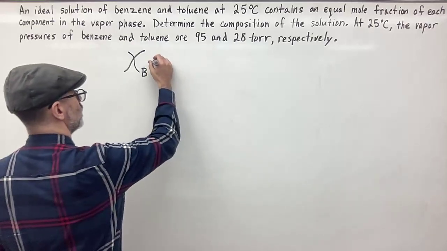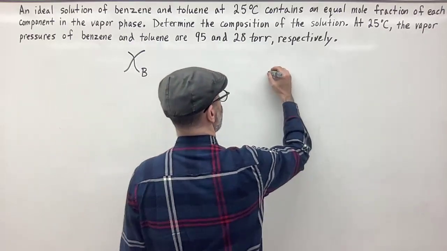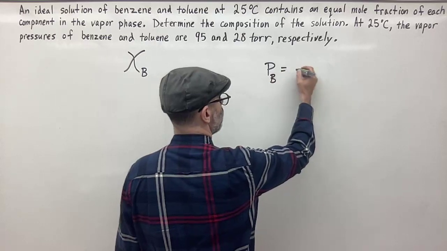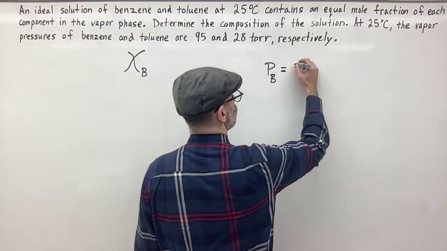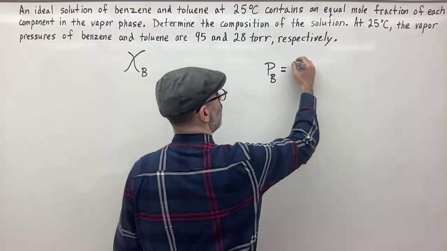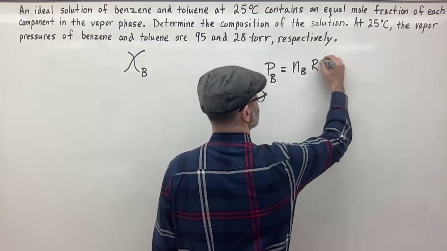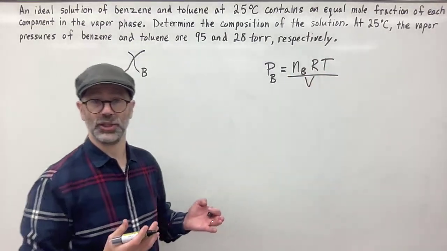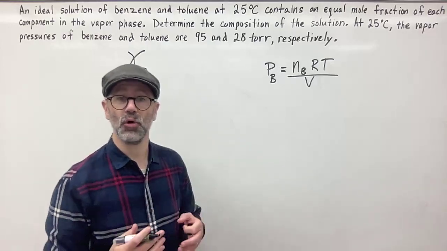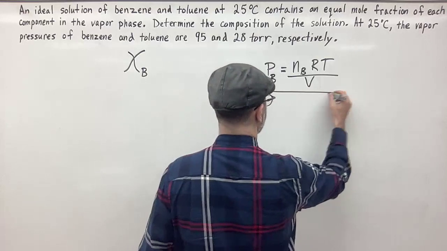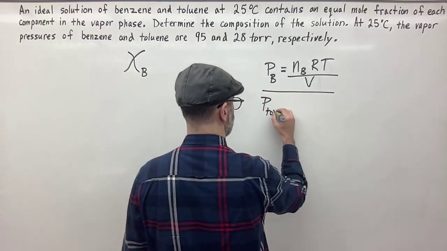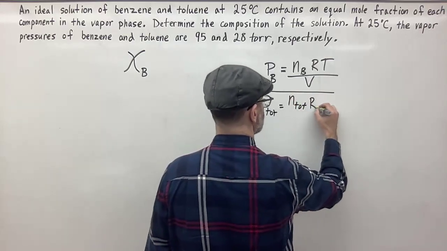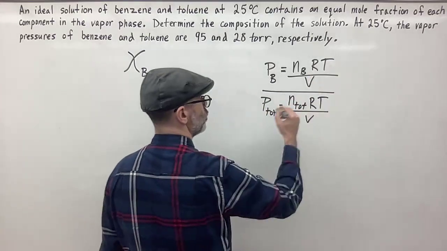So the mole fraction, if I could show you again: the partial pressure of benzene is equal to the moles of benzene times RT over V. We can relate that to the total pressure. So the total pressure is equal to the total moles times RT over V. If I divide this by the total pressure, of course we'll get the same cancellation.